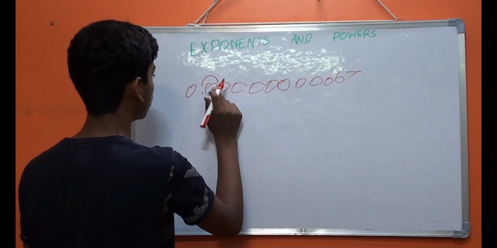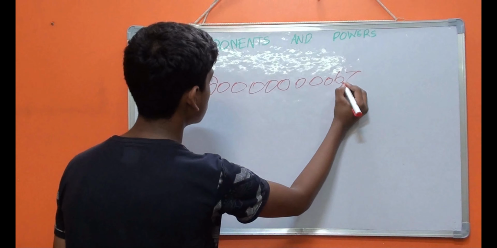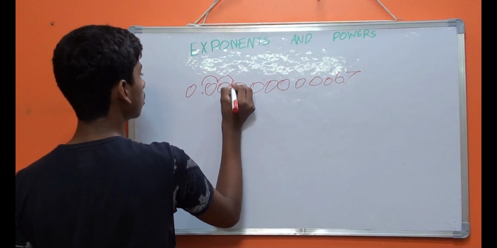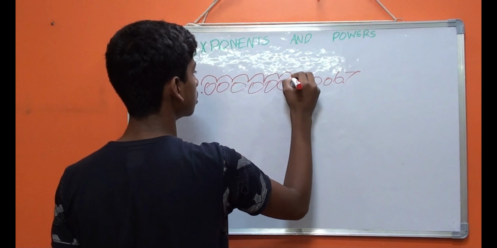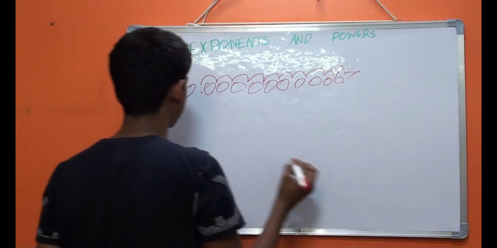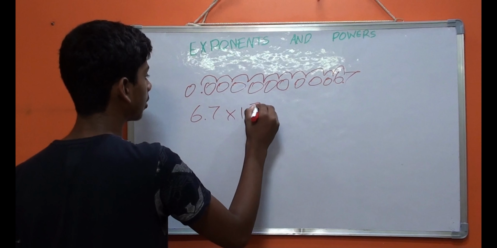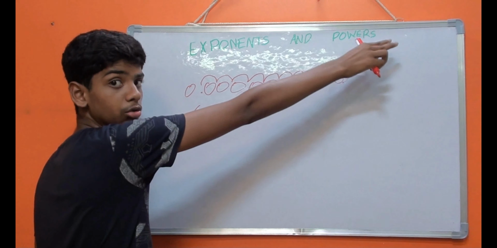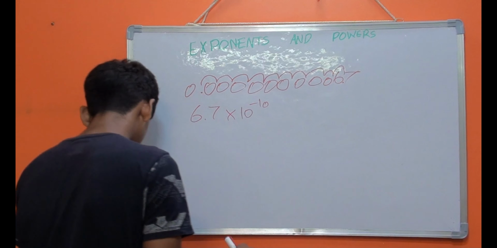First, we take the decimal point all the way up to here and we count how many jumps it takes. 1, 2, 3, 4, 5, 6, 7, 8, 9 and 10. Now we write 6.7 into 10 power minus 10. Because we are moving the decimal towards the end, we write it as 10 power minus 10.